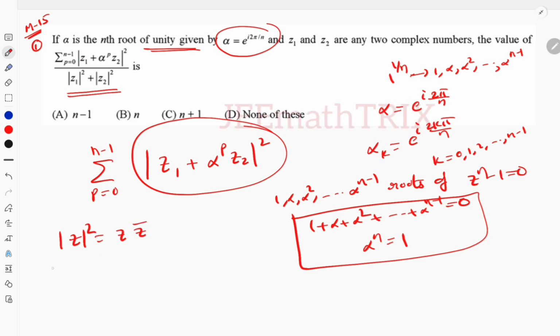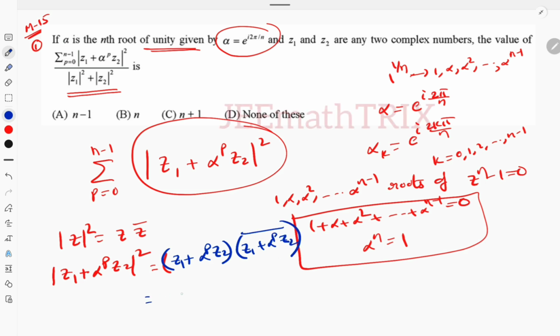If we apply the same thing here, modulus of z1 plus alpha power p z2 whole square can be written as z1 plus alpha power p z2 into z1 plus alpha power p z2 whole bar. The conjugate of z1 plus z2 is conjugate of z1 plus conjugate of z2. So we get z1 bar plus alpha power p whole bar into z2 bar.